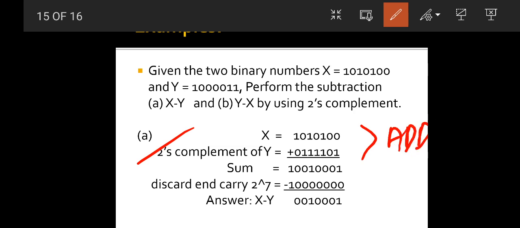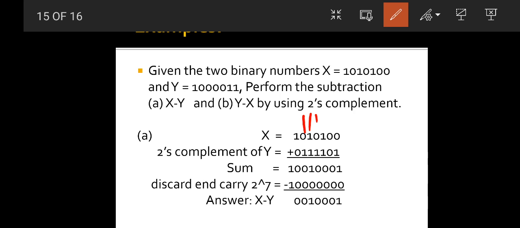So if you're going to add binary, since kay bao naman sa pag-add sa binary, it should be 0 plus 1 is 1, 0 plus 0 is 0, 1 plus 1 is 0, carry 1. 1 plus 1, 0, carry 1. So 1 plus 1 plus 1 is 1, carry 1.